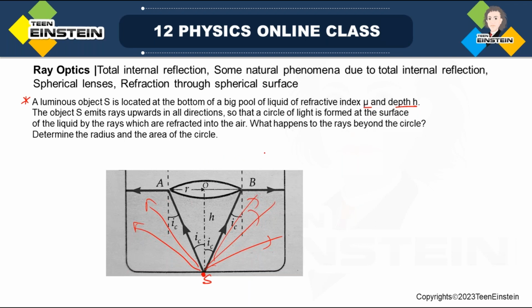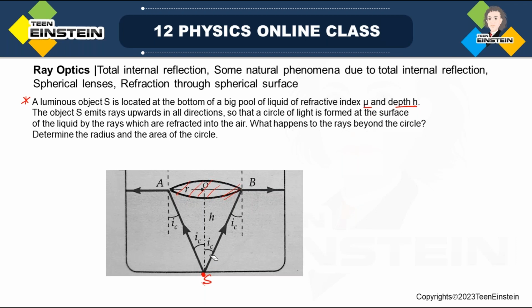But from the top surface, if we look, we'll see only a bright circular patch like this on the water surface, even though this source is sending light all over symmetrically.